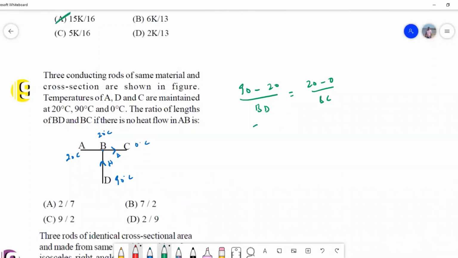So this is nothing but 70 by BD is equal to 20 by BC. Therefore, BD upon BC is equal to 7 by 2. So the answer is option number B.